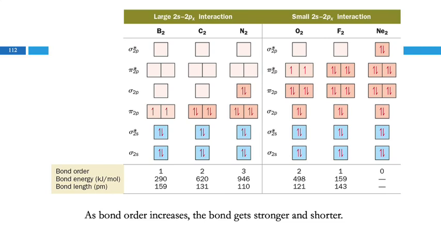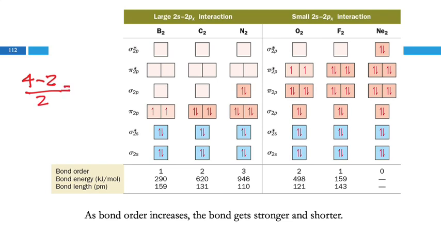And if we look at the bond orders here, we see that the bond order for boron is 1. We've got 2 electrons in a bonding orbital here and 2 electrons there. I'm sorry, I did that wrong. We have 4 bonding orbital electrons and 2 anti-bonding.